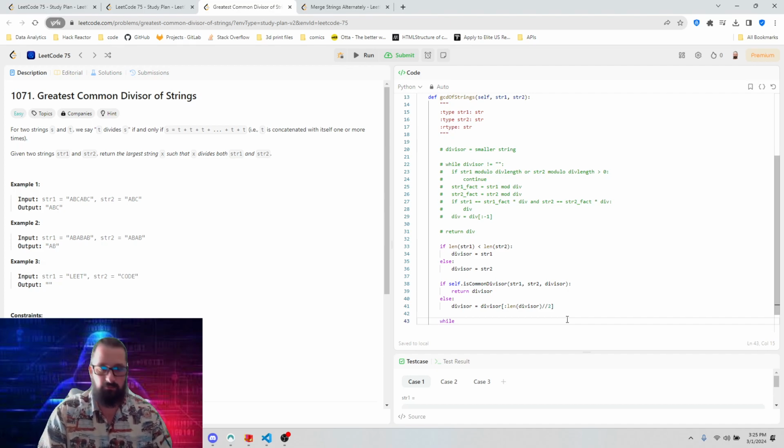Now I can do, well, divisor is not equal to an empty string.